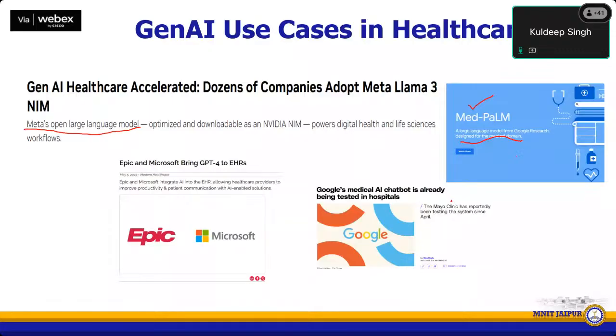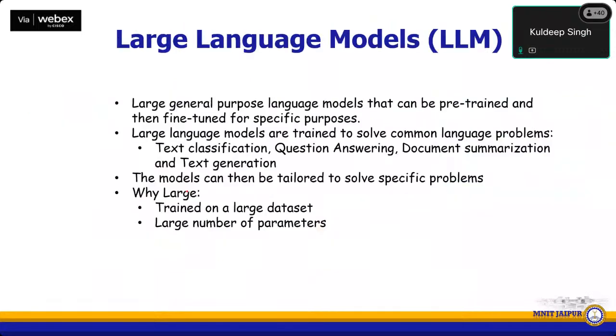Mayo Clinic is one such hospital where Google's medical AI chatbot is continuously under testing. From Microsoft, Epic and Microsoft bring GPT-4 to electronic health records. So they have integrated generative AI models into electronic health records, and with that, healthcare practitioners can improve productivity and communication with patients.